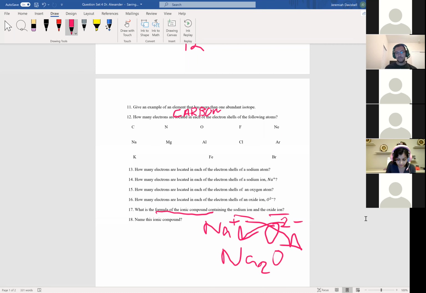And is it oxide? Is it like IDE? Yes. For all naming in general, for covalent and ionic, the second word will always end in IDE. And that just indicates that it's in a bond.